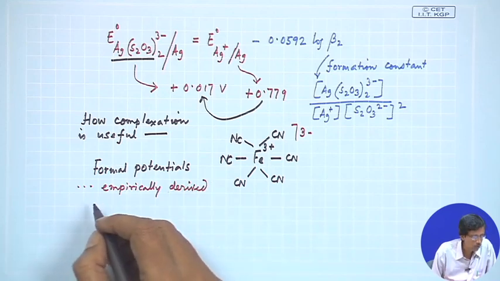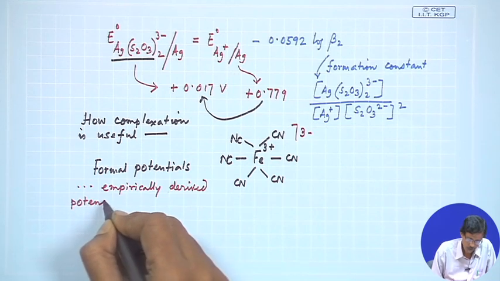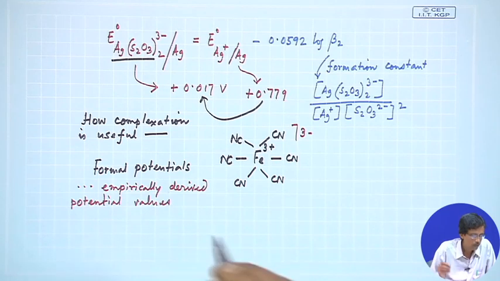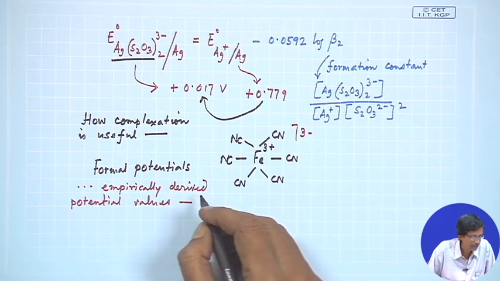potential values, which compensate for the activity types and the equilibrium effect.